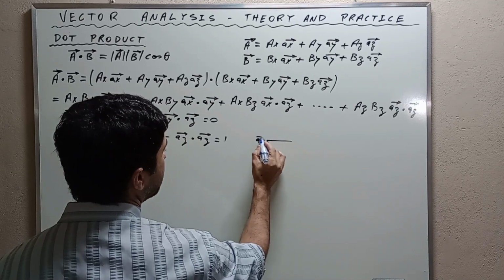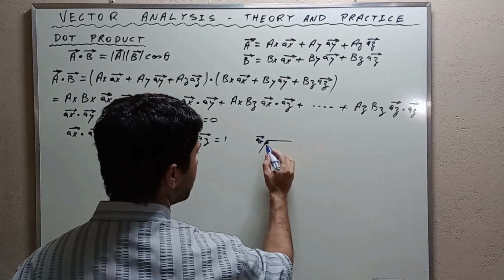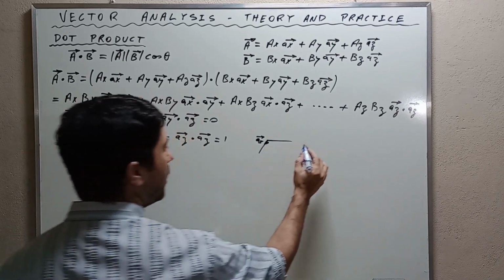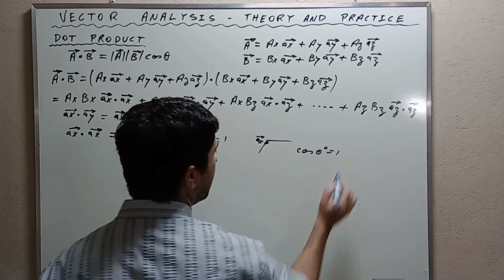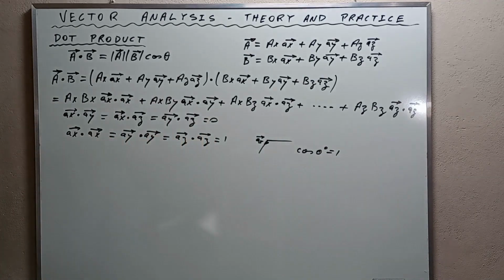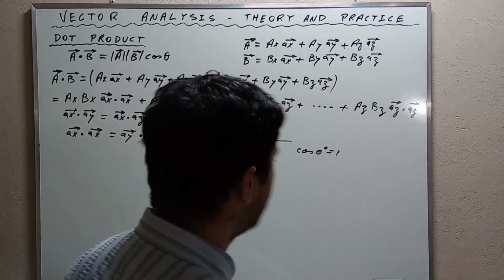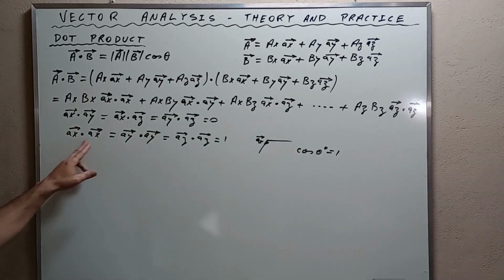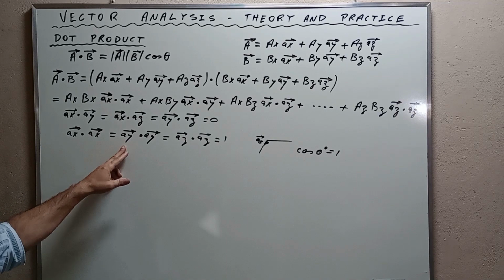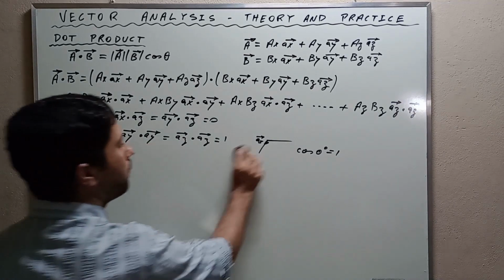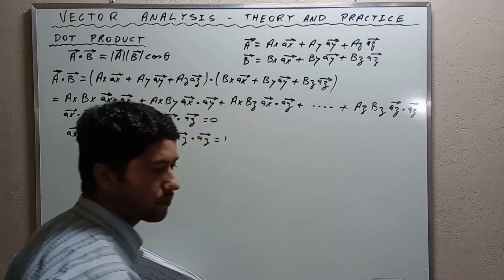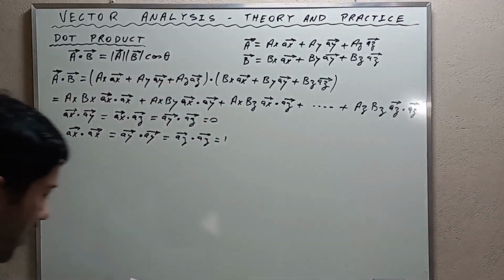Okay, AX. AX with AX, the angle between them is 0 degrees. And the cosine of 0 degrees is 1. Then the dot product between AX and AX, AY and AY, and AZ and AZ is 1. That's the reason. Okay?